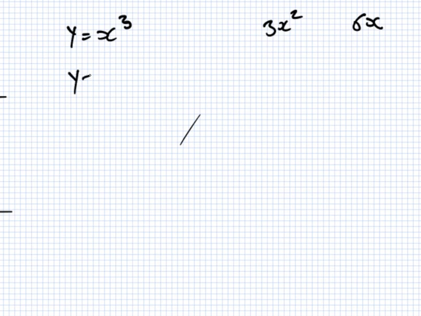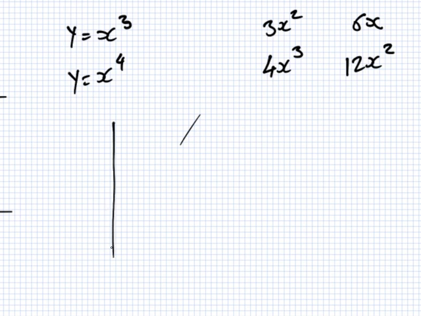Okay? This one: first derivative is 4x cubed and the second one is 12x squared. If x is 0, the first derivative is 0 and the second derivative is 0. So the situation is the same for both. Agreed? They both have the first derivative as 0 and the second derivative as 0.